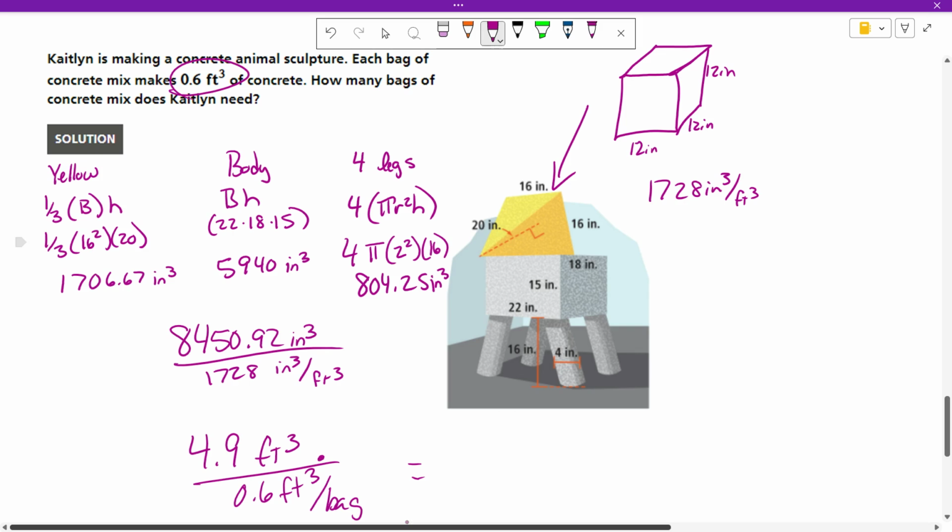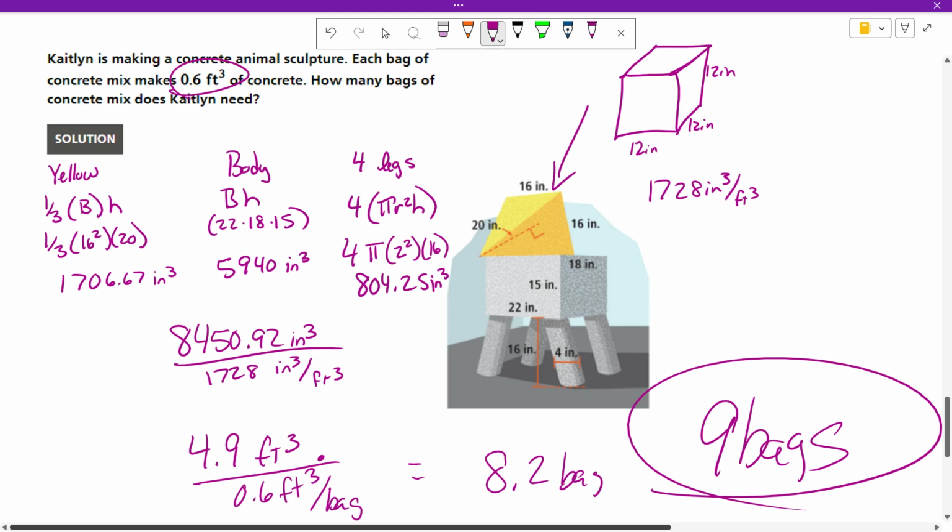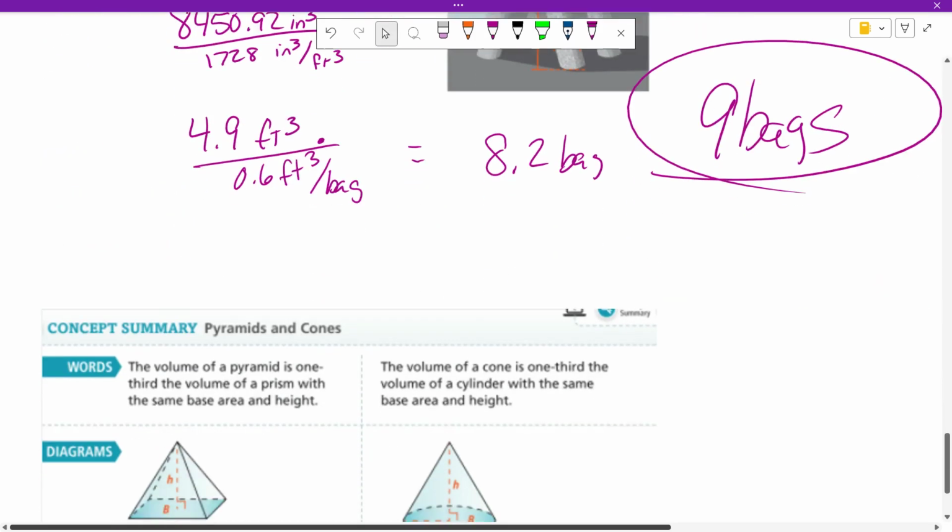How many bags does she need? What's 4.9 divided by 0.6? 8.2 bags. So she should buy 9 bags of concrete to make a little sculpture of a dog or whatever that is. All right.